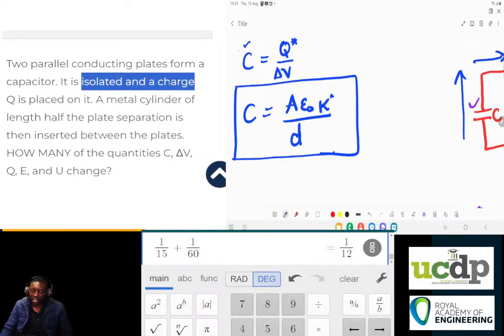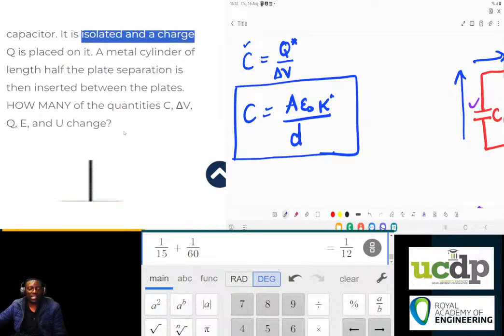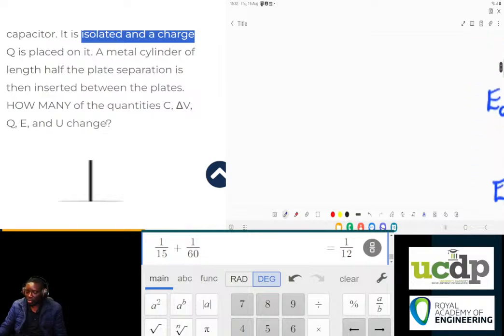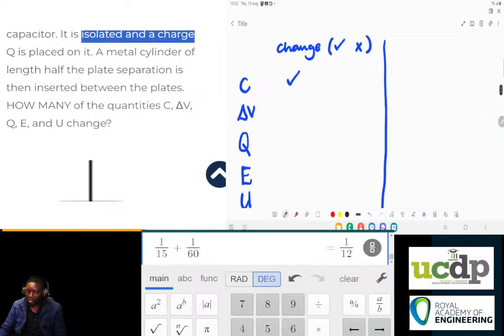If capacitance decreases to half, the voltage doubles, increases by a factor of 2. If the dielectric comes in such as to double the capacitance, the voltage should decrease to half. That's what this isolation really means and how it affects the whole system. So according to the table, we also tick that this one changes.